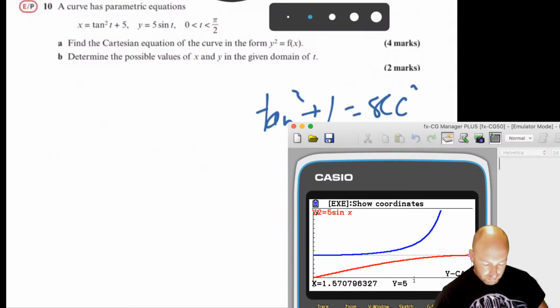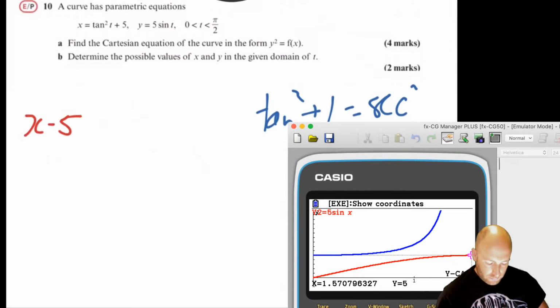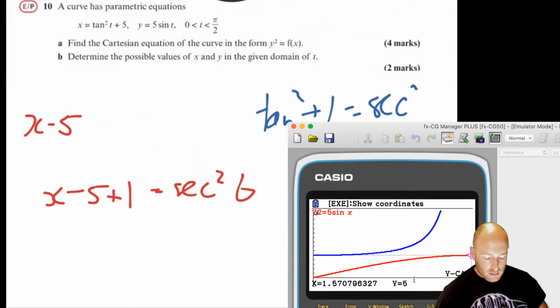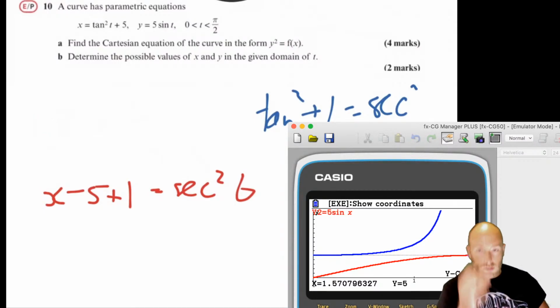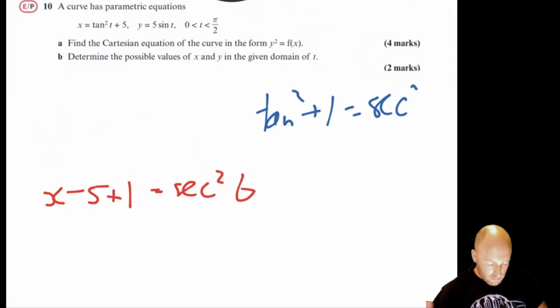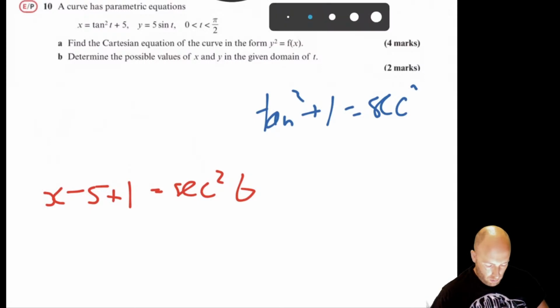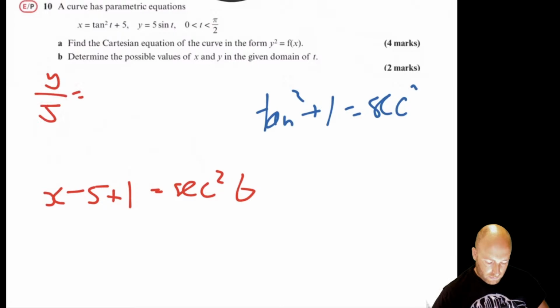Okay. So x to the 5 is still tan squared, so that's still x to the 5 plus 1 equals sec squared t. So I need to turn sine into sec squared. Right, so I'm going to turn sine into cos and flip it to get sec squared. So, y over 5 equals sine t.